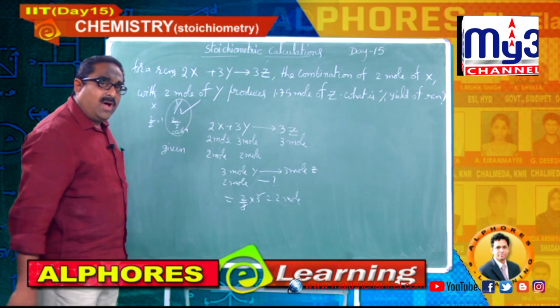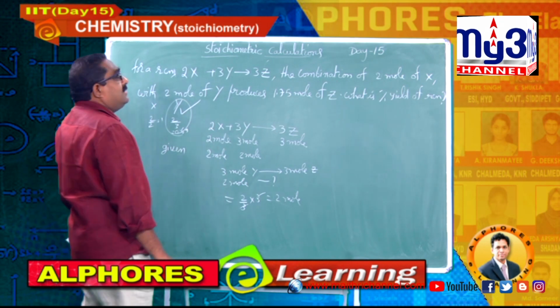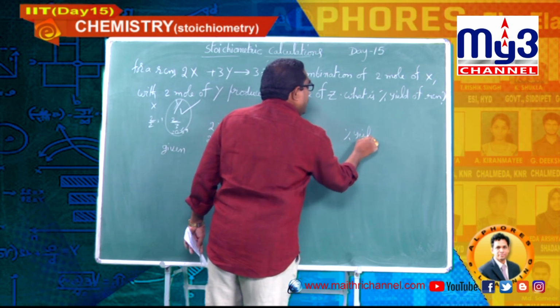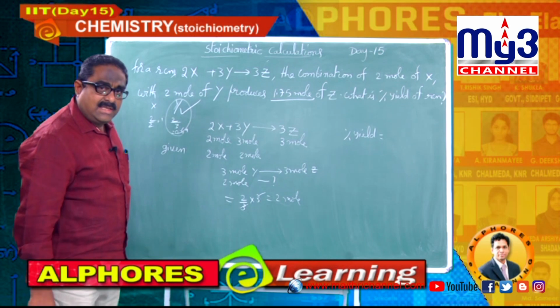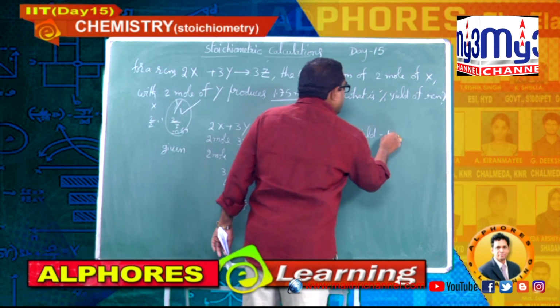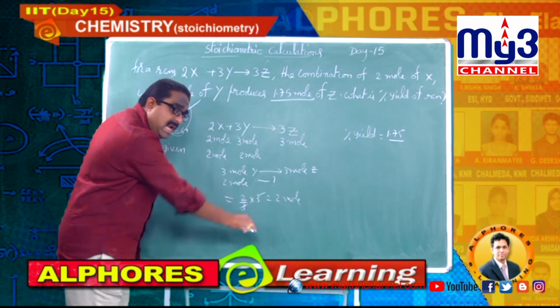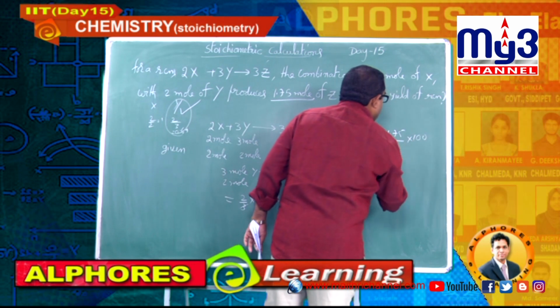Now we have to go for the calculation of percentage yield. Okay, percentage yield: actual amount of product obtained. How many moles has he given? 1.75. But theoretically, how much do we have to get? 2 moles into 100.